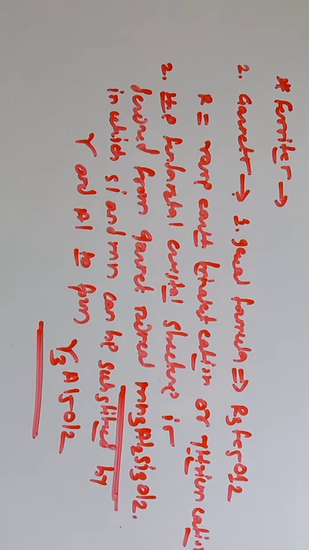So they have the general formula R3Fe5O12, in which R is a rare earth trivalent cation or yttrium cation, and the structure is derived from the garnet minerals, that is Mn3Al2Si3O12, in which silica and manganese can be substituted by yttrium and aluminium to form Y3Al5O12.